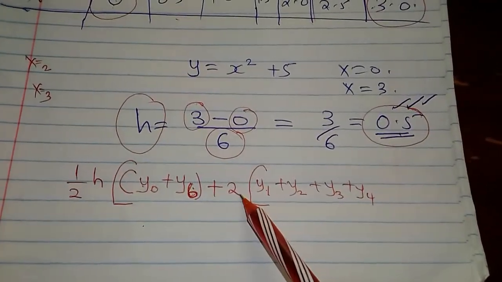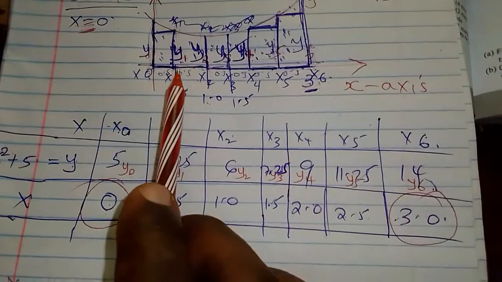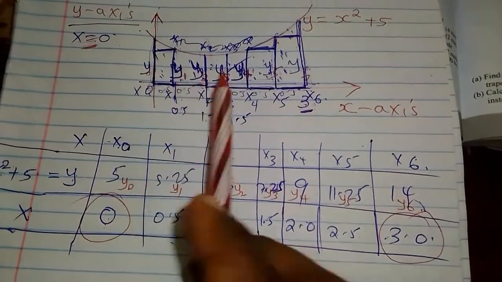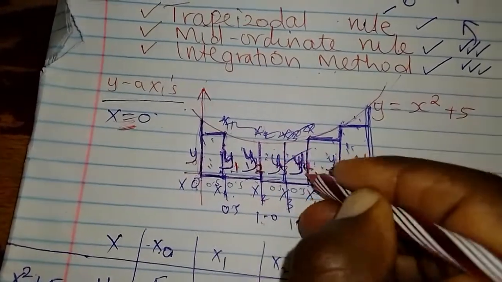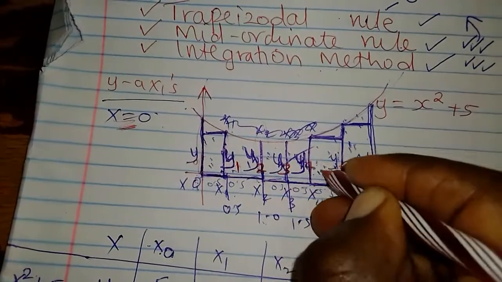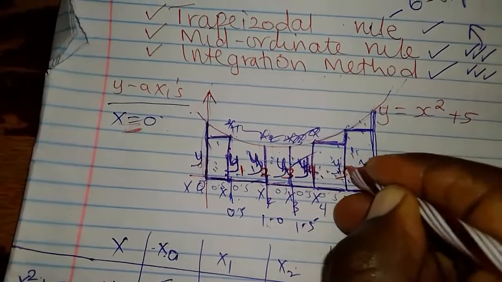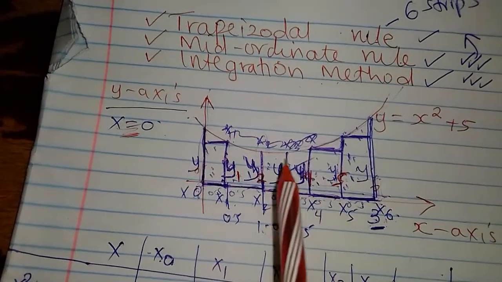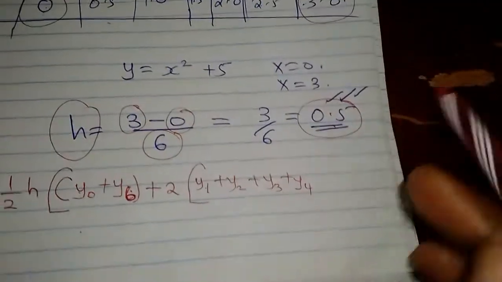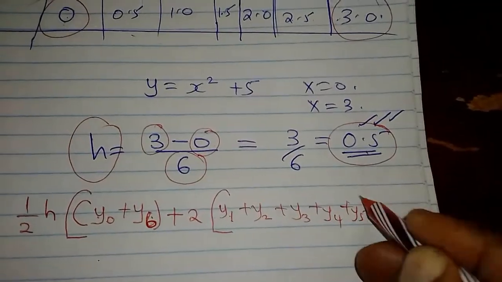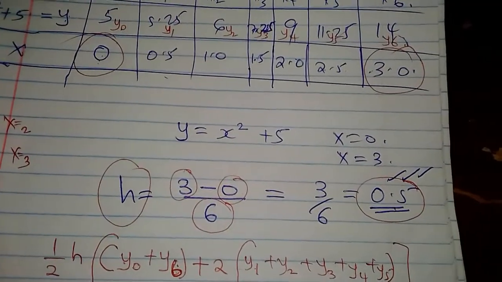Then plus 2. So which ones are remaining in between? We have y1, we have y2. Let me just make them clear. y1, y2, y3, y4, then y5. You see? So y1, y2, y3, y4, y5 are to be written here. So plus y5, then close bracket, then close.